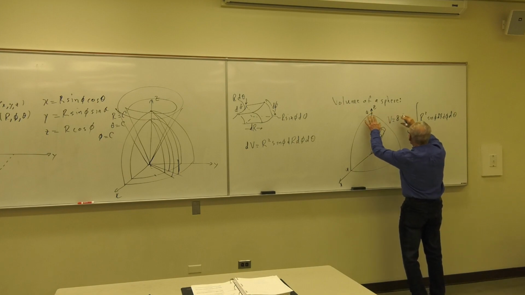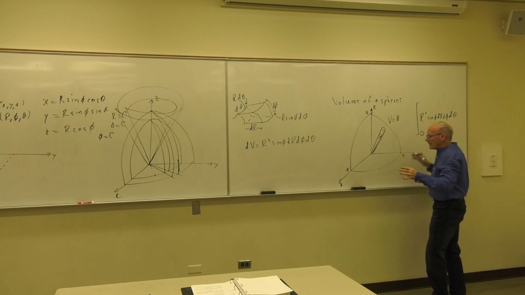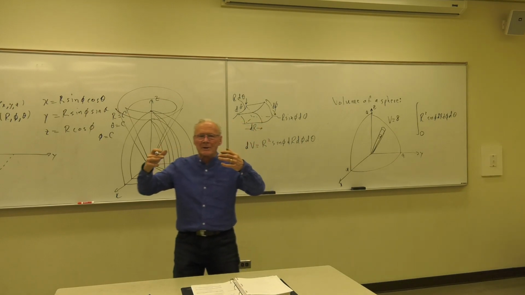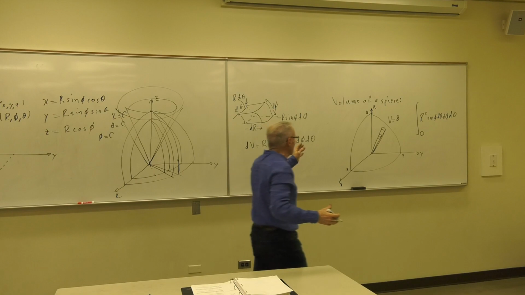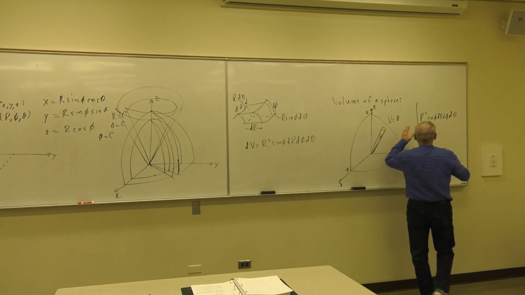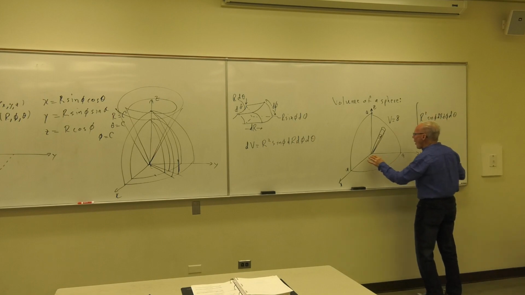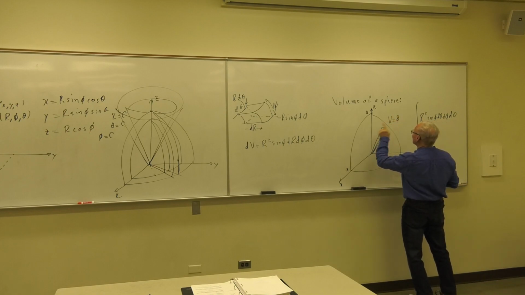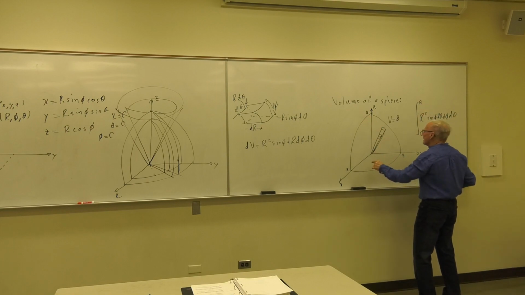If I were doing volume and there's an integrand in here, then I would not be producing the volume of the spike. I produce something else, depending upon what that integrand represented geometrically or physically. But here, I'm concentrating on volume. I haven't fixed the upper limit yet. The upper limit tells me where all the spikes that fill this volume stop. Answer, they stop on the sphere where r is equal to a. That then is the volume of the spike.